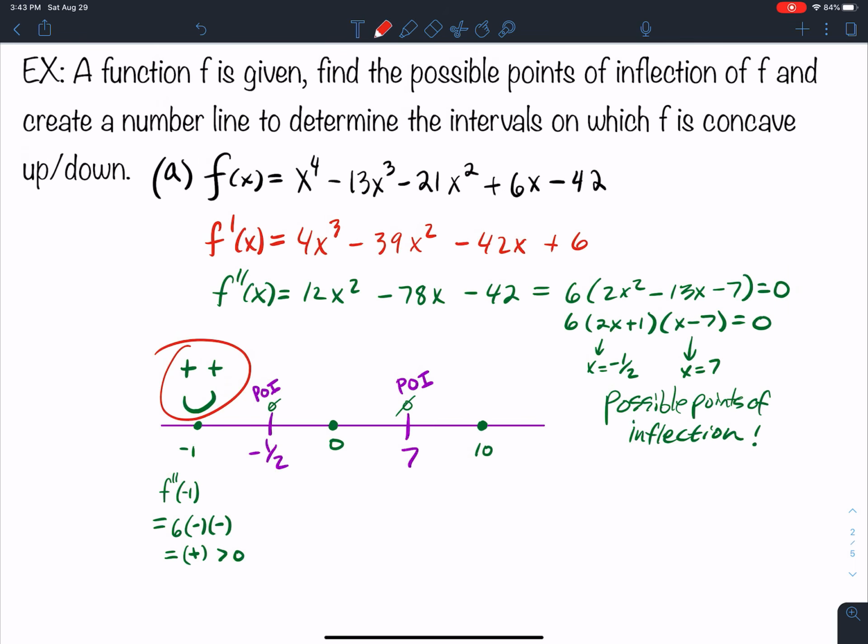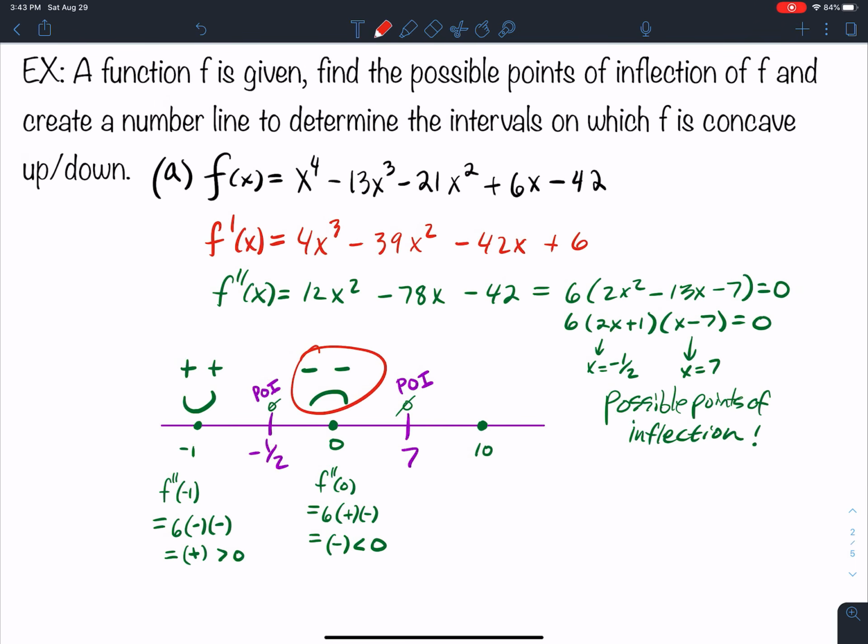So that tells me that we are concave up. We're smiling, right? This next one here, if I plug in 0, well, I get 6 here, but a 0 makes that go away, so that's a plus 1. And then 0 minus 7 is a negative. Positive, positive, negative make a negative. And negative is less than 0, so I'm negative on this interval, so I'm concave down. I'm sad.